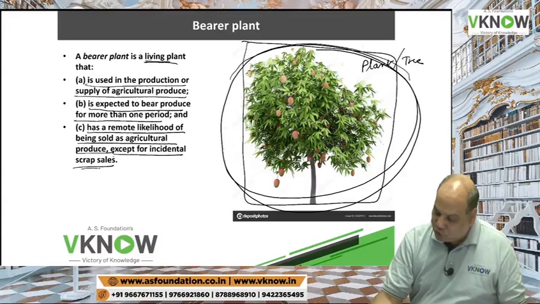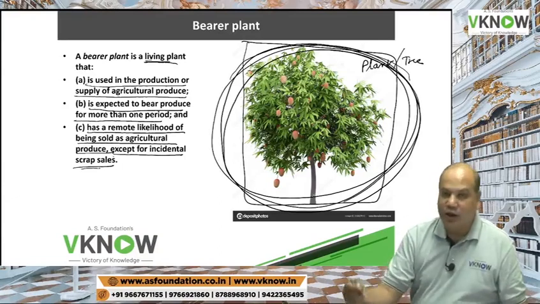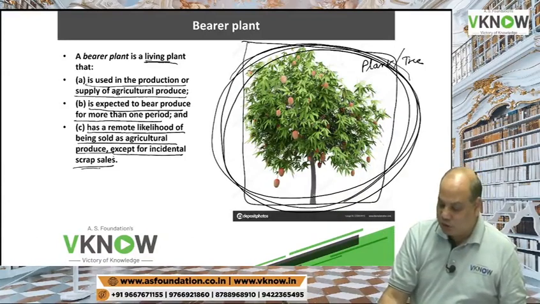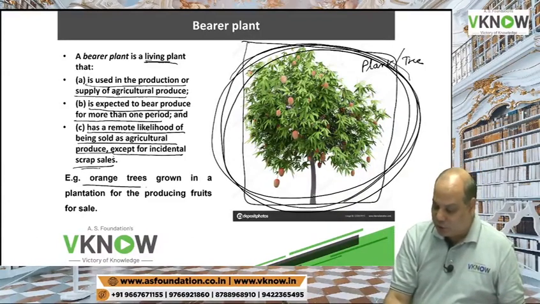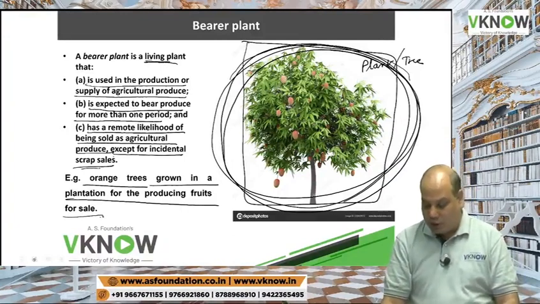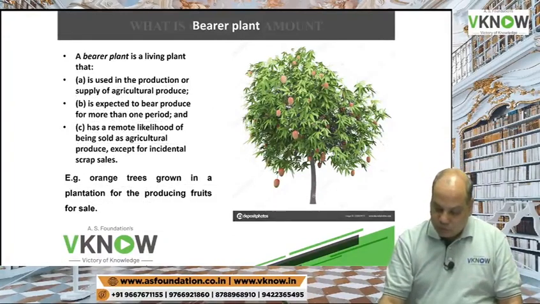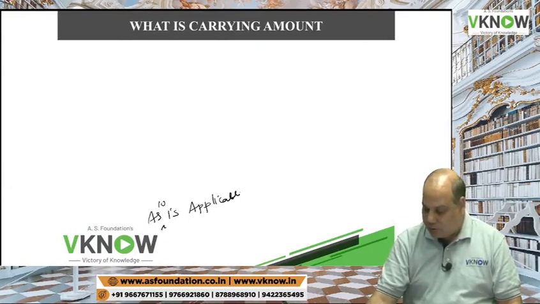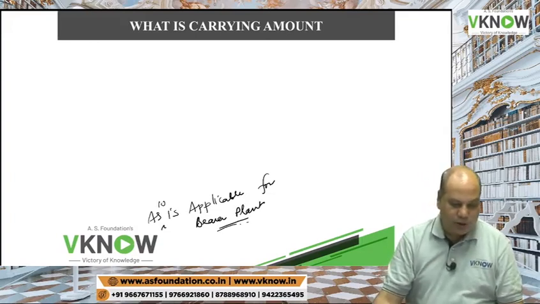Once its life is over, then it can be sold as a scrap sale, but otherwise they are not sold themselves. Example, orange tree grown in a plantation for producing fruit for sale. Now why I am discussing bearer plant with you? AS-10 is applicable for bearer plant.